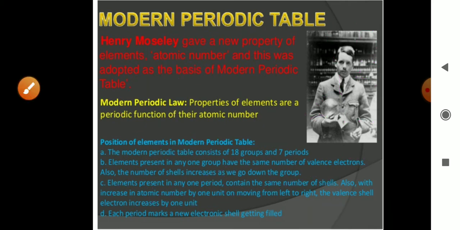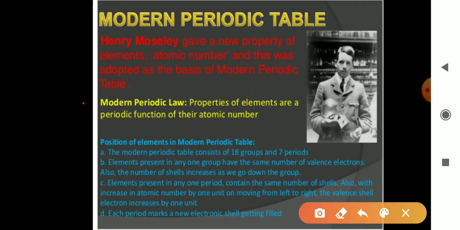So this is the base of the modern periodic table. The modern periodic table depends on the concept of atomic number, not atomic mass, and it was given by the scientist Henry Moseley.